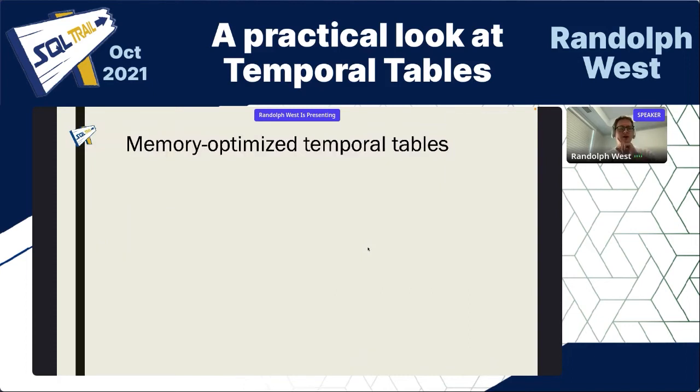So, no, it's not the end. I always make this mistake because this is not a feature I recommend. Memory optimized temporal tables. This is the part where I do the uncomfortable silence, because you shouldn't use memory optimized tables if you are using SQL Server Standard Edition. Just don't do it.